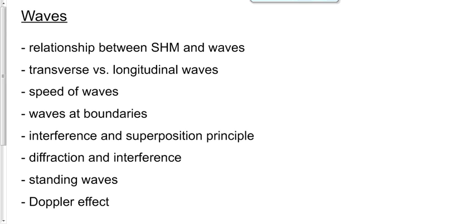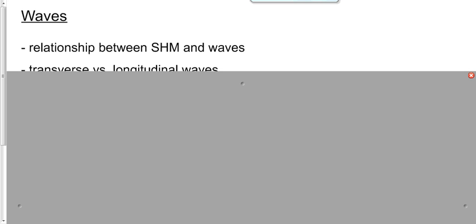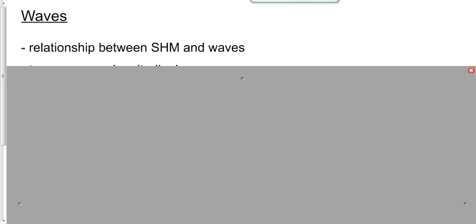All right. And then we went to waves, and we talked about, first of all, the relationship between simple harmonic motion and waves, in that wave motion really is just simple harmonic motion, but it's simple harmonic motion of a whole bunch of particles. It's a simple harmonic motion of all the particles within the wave.